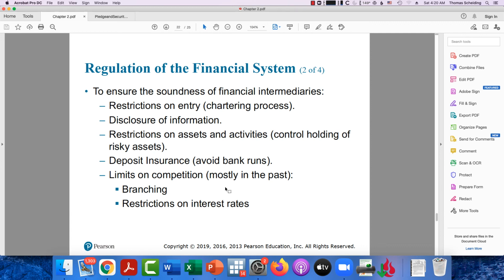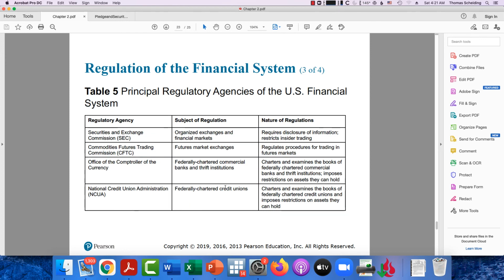We have regulation of the banking system by the Federal Reserve and by various state banking agencies. Banks are limited in what they can invest in. They have to disclose certain amounts of information. They have to ensure that they're lending in an equitable fashion. All these are parts of ensuring that the financial system operates soundly.